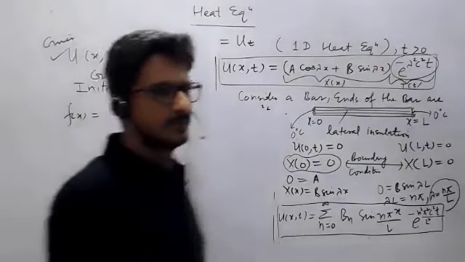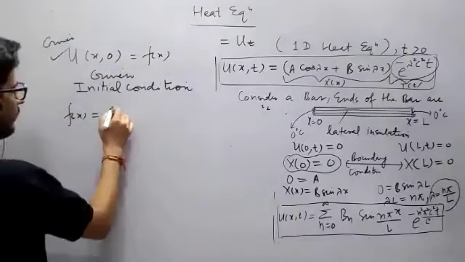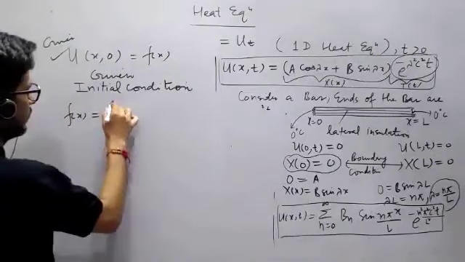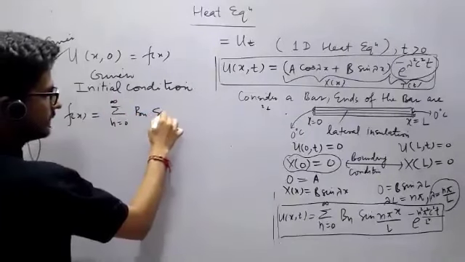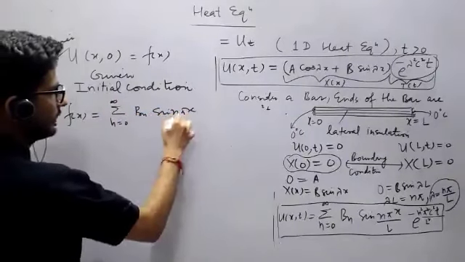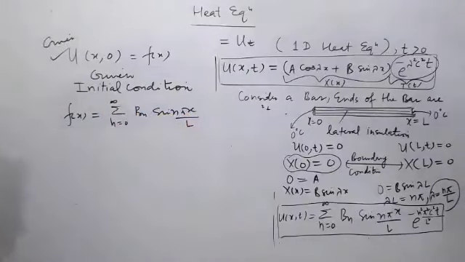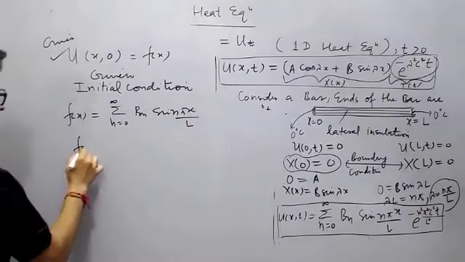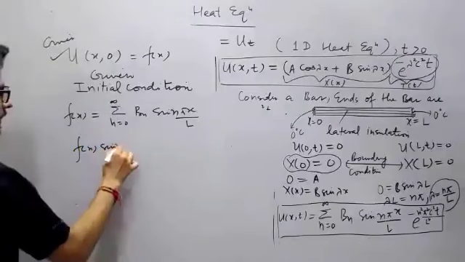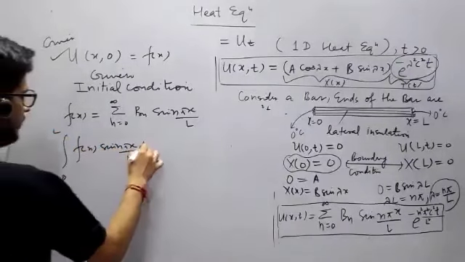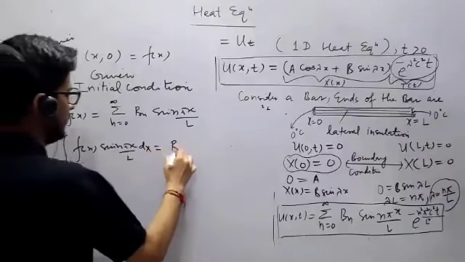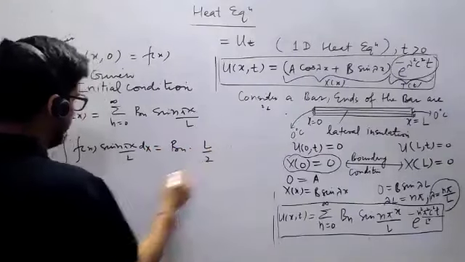f(x) will be equal to summation n equal to 0 to infinity bn sine of n pi x by L. So this is a very simple Fourier series. It will be given by f(x) into sine n pi x by L integral 0 to L dx is equal to Bn into upper limit by 2, L by 2.